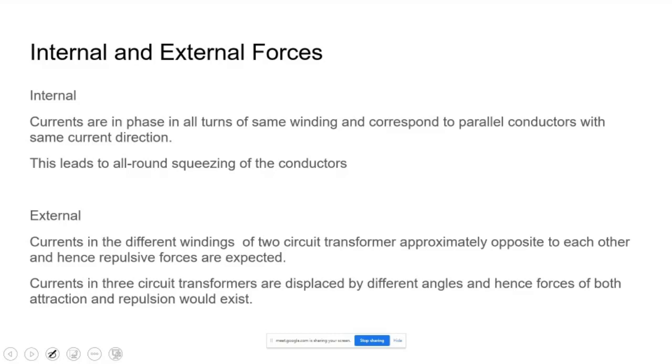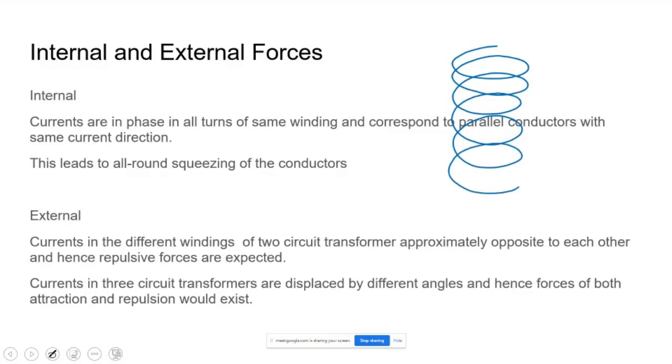But the winding turns, you can see, they will be like this actually, cylindrically like this. I'm just writing here, trying to give an impression that these turns are actually parallel. So if we assume this is the current direction, then in this also this direction, in this also this direction.